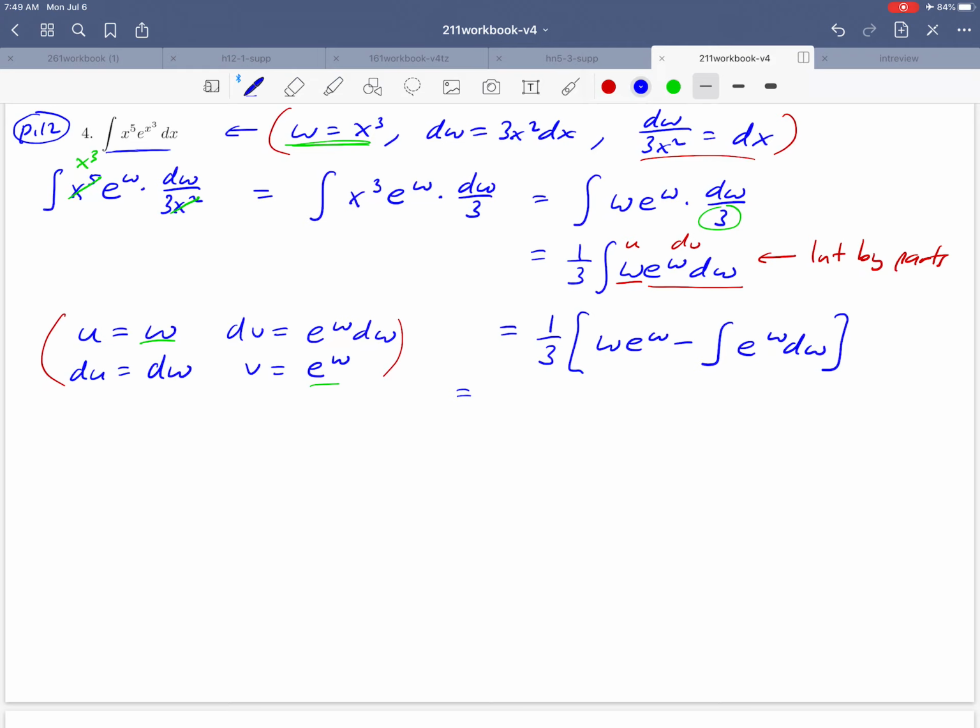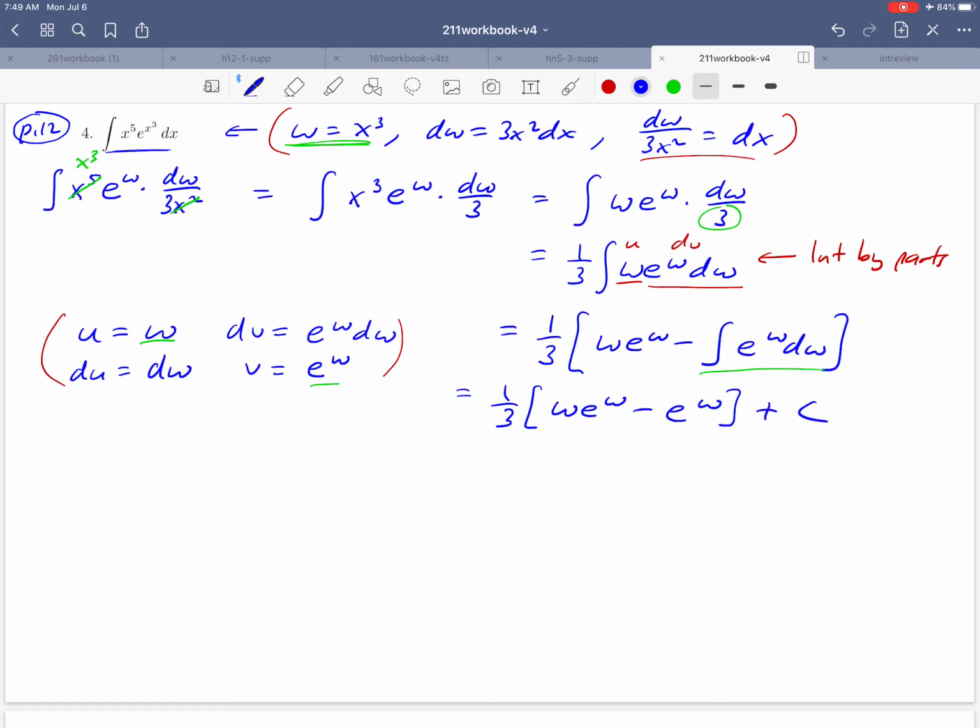To continue the problem, we need to integrate e to the w, but we know an antiderivative of e to the w is just itself. So we'll get 1/3 w e to the w minus e to the w. This is an indefinite integral, so we'll put a plus c on the end.